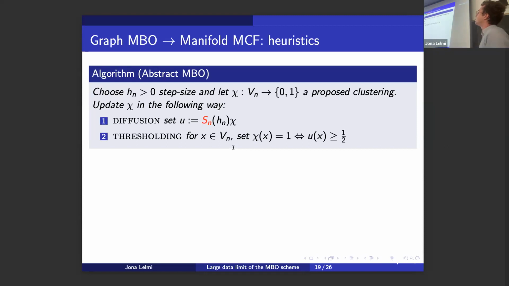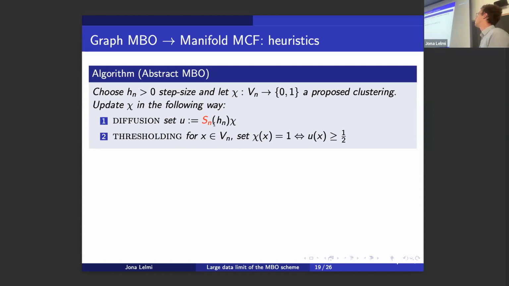So now I rewrite the algorithm in an abstract form. The algorithm is exactly as before. The only thing that I changed is here, where instead of the heat operator, I introduce this abstract notation in which I use S_n h_n, where S_n is an abstract operator on the graph.